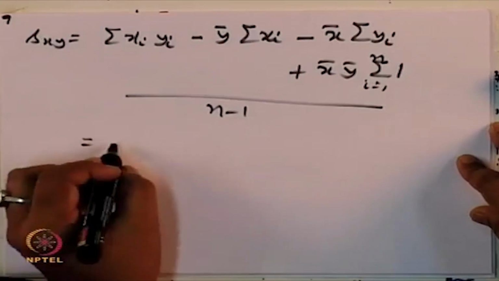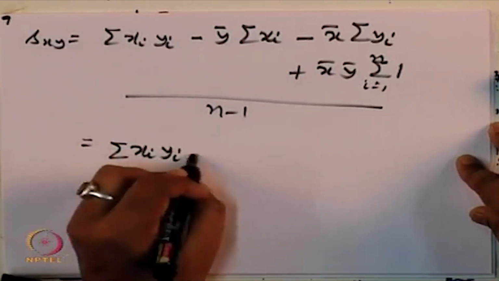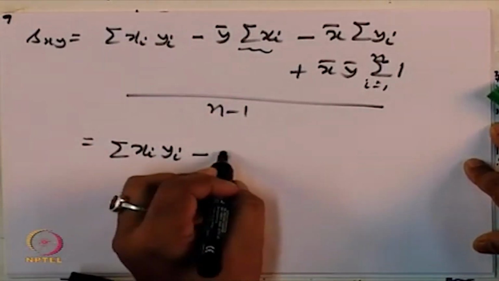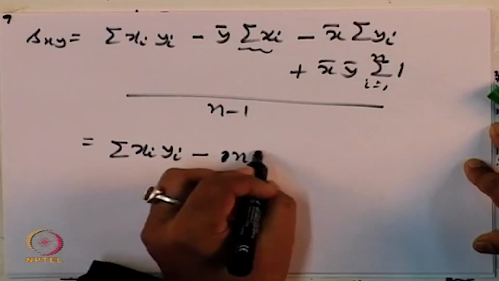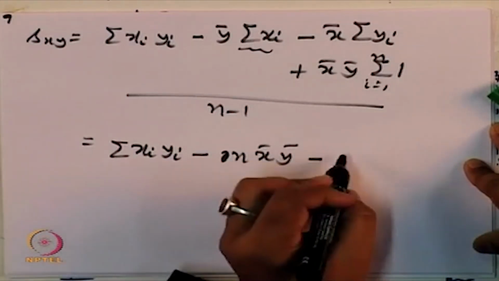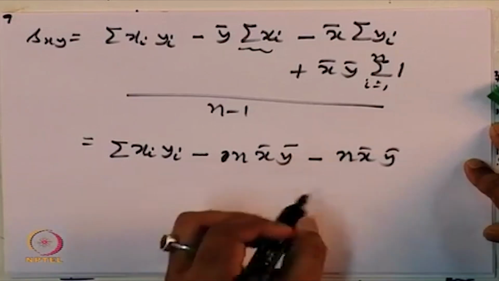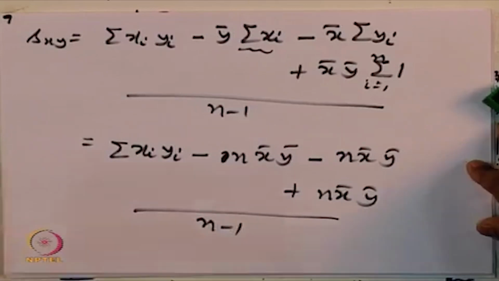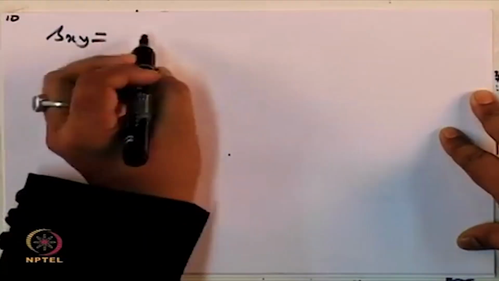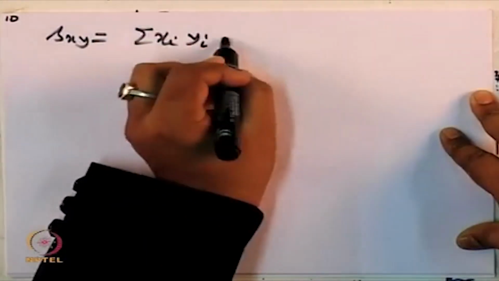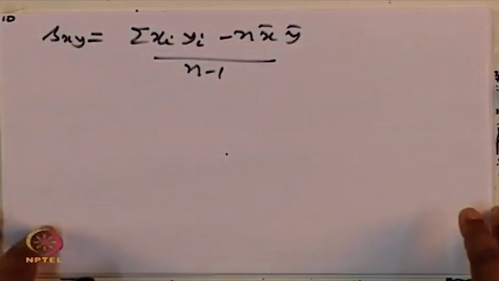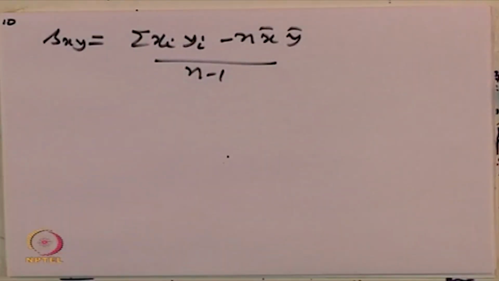The summation of xi is nothing but n times x bar. So I can write this as n x bar y bar minus, similarly here it will be n x bar y bar, plus n x bar y bar, by n minus 1. This gives me the formula that Sxy is the summation of xi yi minus n x bar y bar, by n minus 1. Okay. So this is the definition of covariance.